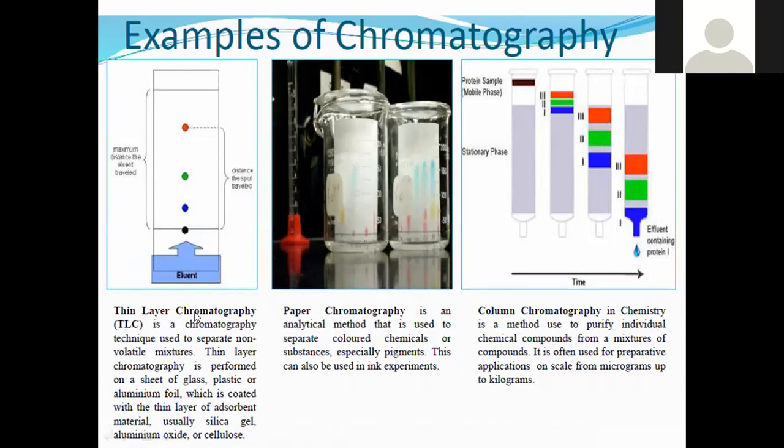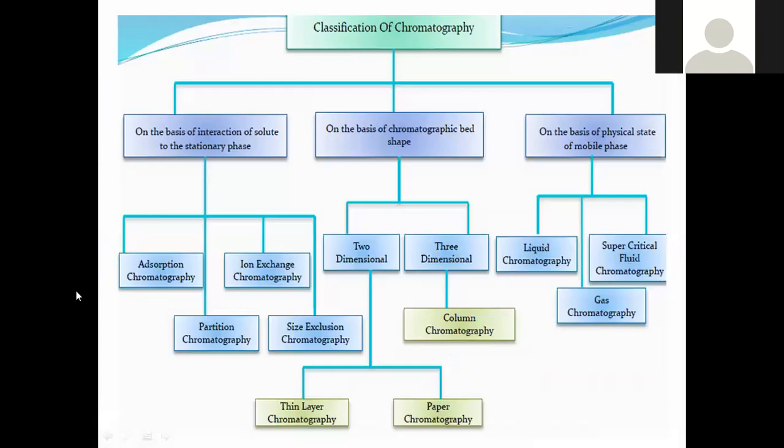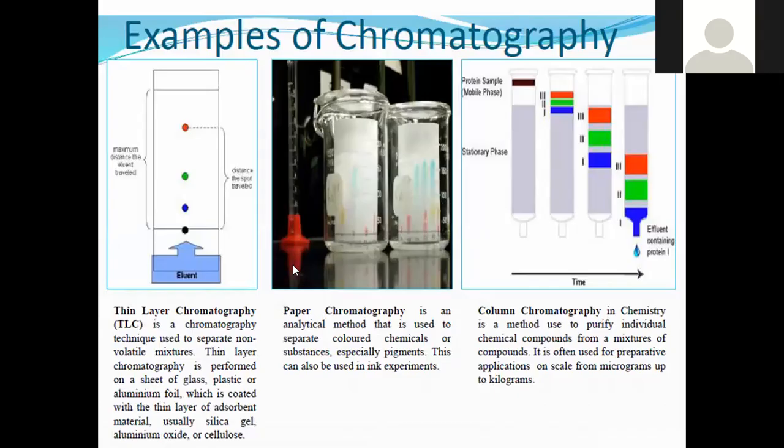So here in case of thin layer, a thin layer is applied on the glass plate or the metal plate. In case of paper chromatography, the stationary phase is paper. Because of capillary action, the compounds move onto the paper, and they are separated from one another due to their difference in adsorption capacity or partition capacity.